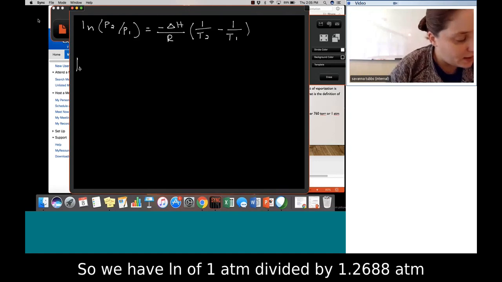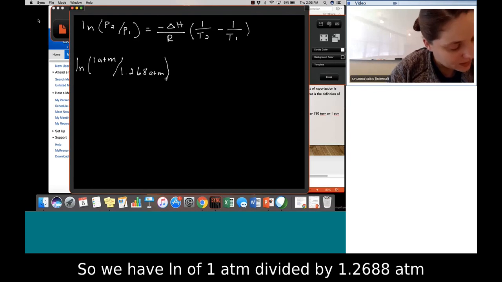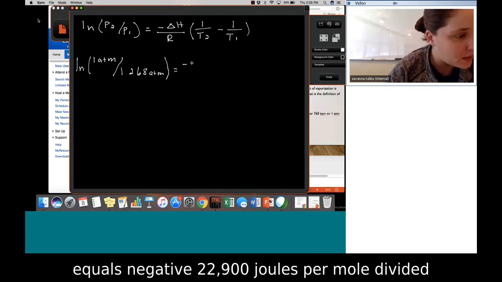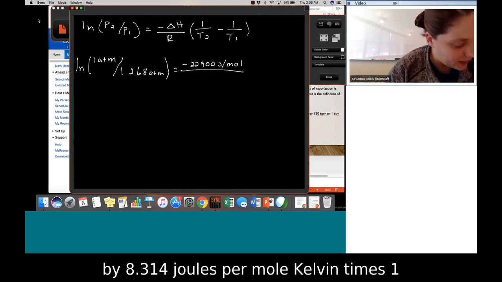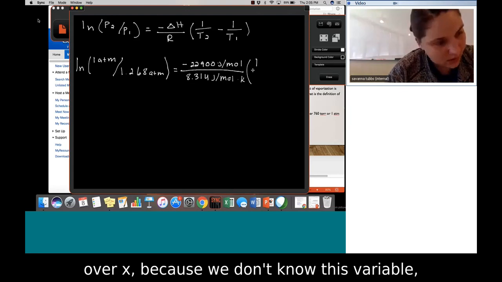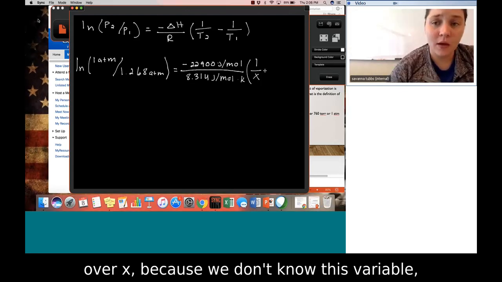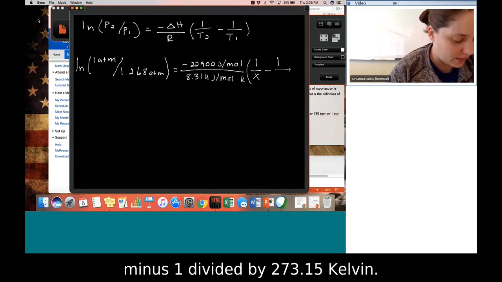So we have ln of 1 atm divided by 1.268 atm equals negative 22,900 joules per mole divided by 8.314 joules per mole Kelvin times 1 over x, because we don't know this variable, minus 1 divided by 273.15 Kelvin.